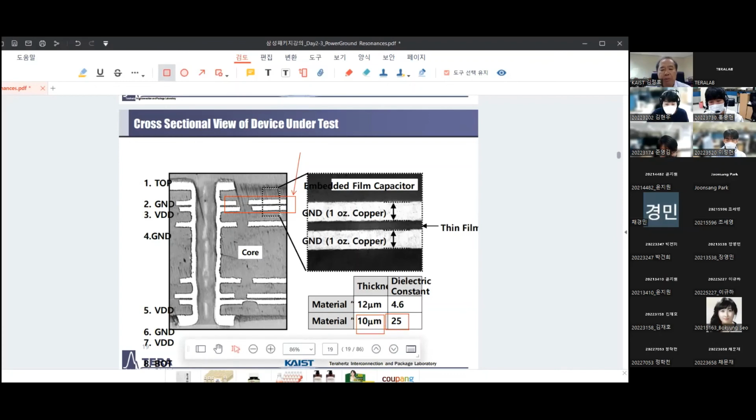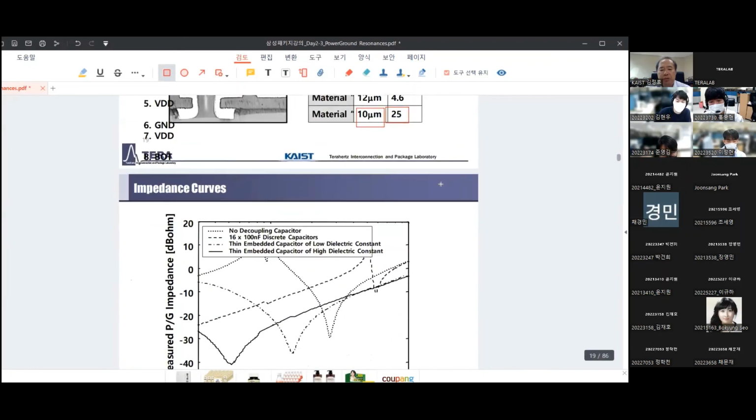And also, we put this embedded capacitance at the very top because we want to reduce the inductance of this via. So this is the case of embedded film capacitance included inside the package substrate.